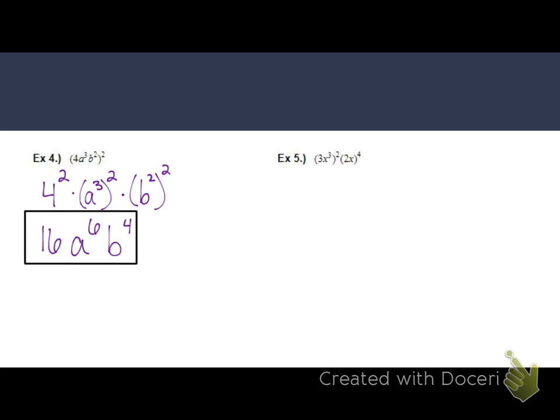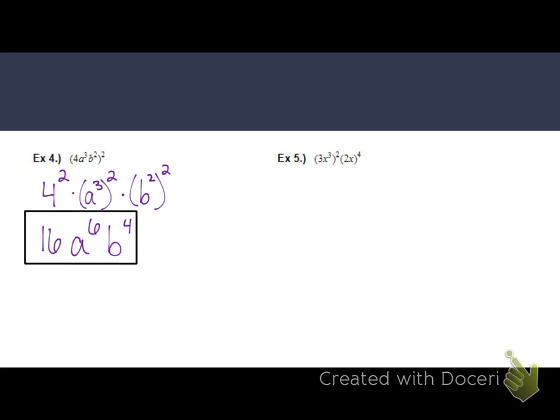Okay, on example 5, we follow our order of operations. There's nothing to do within the parentheses, so we move on to our exponents. You have to simplify the exponents before you deal with multiplying the 3 and the 2, or the x and the x.